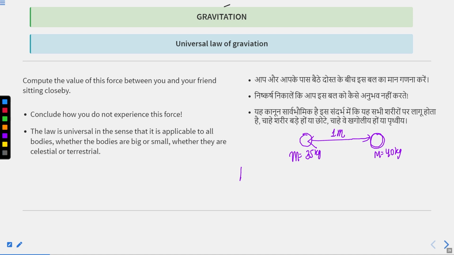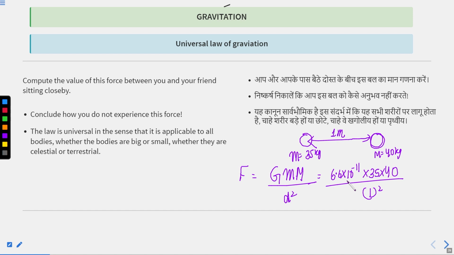You can calculate the force using this formula. The value of G is 6.6 into 10 raised to the power minus 11, small m is 35, capital M is 40, and distance is 1 square.